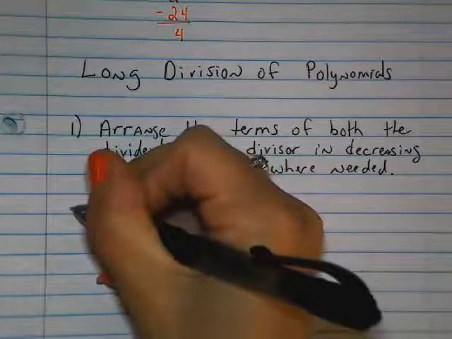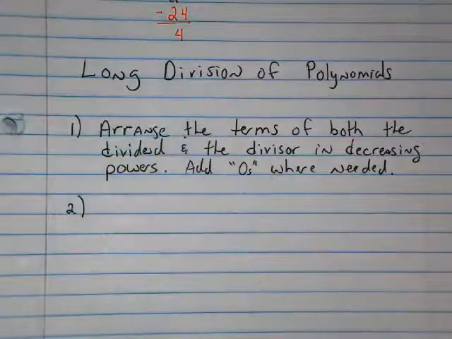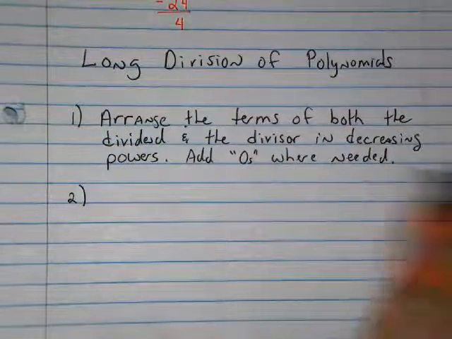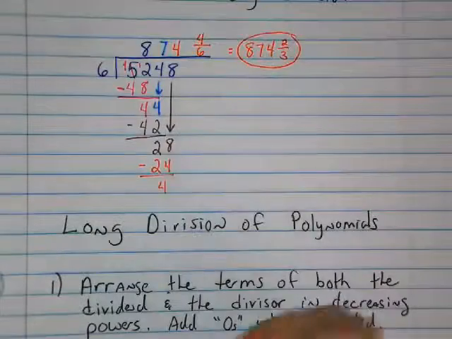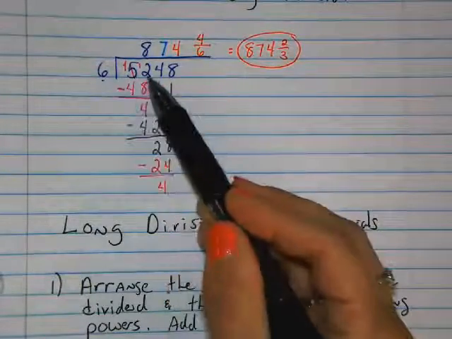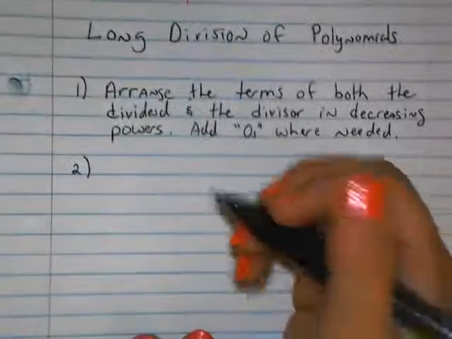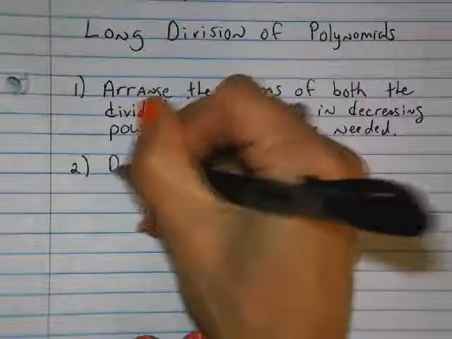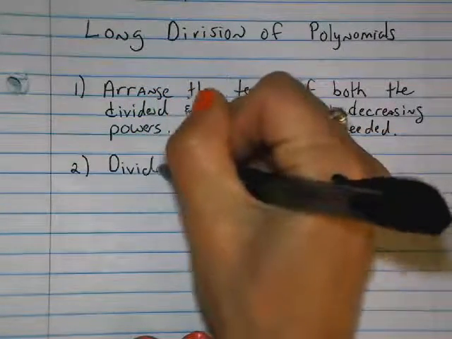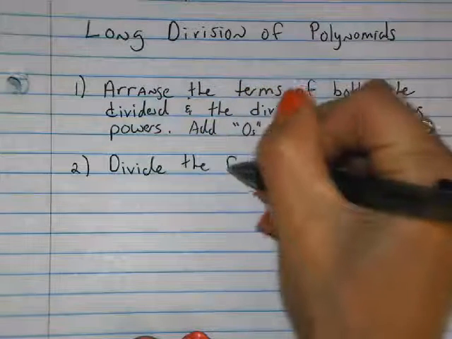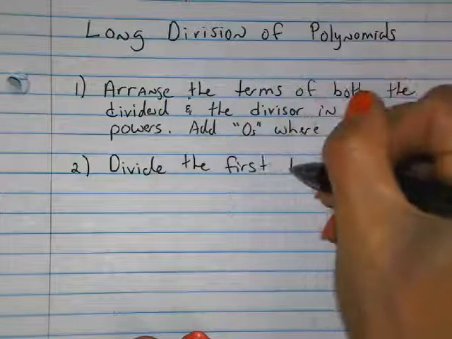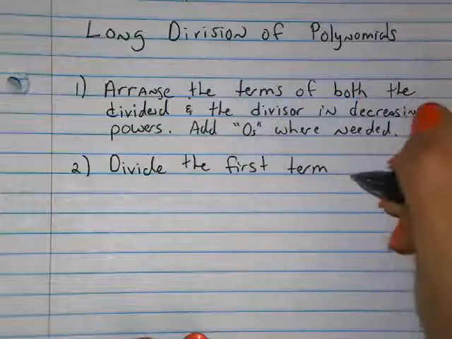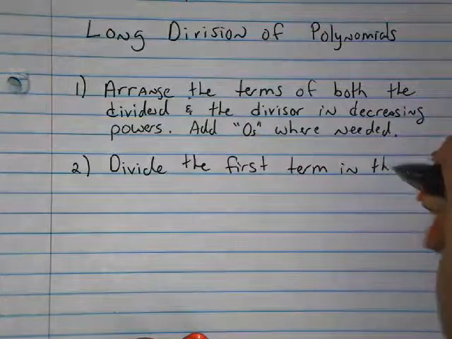Alright, second, divide the first term of the dividend by the first term of the divisor. Just like we did up here. We said, how many times does 6 go into 52? Alright, so you're going to do the same thing. Divide the first term in the dividend.